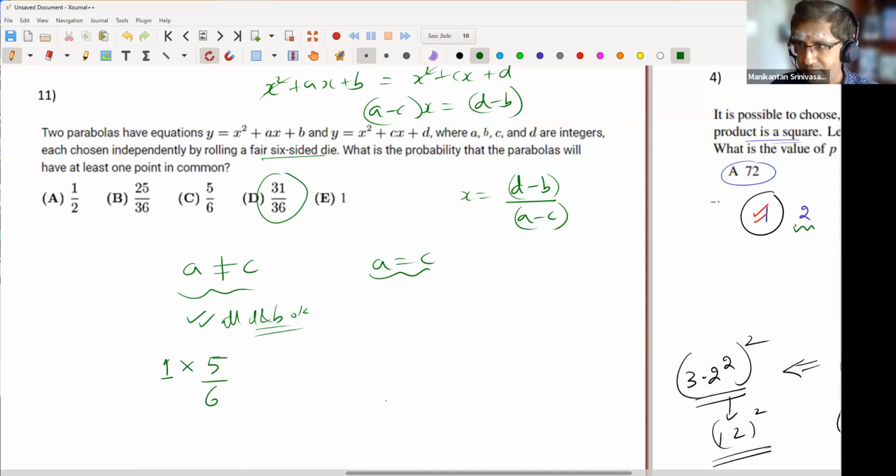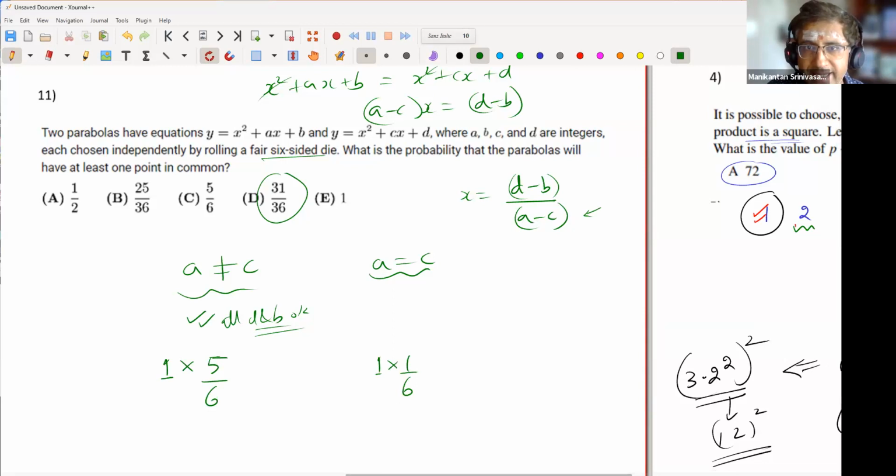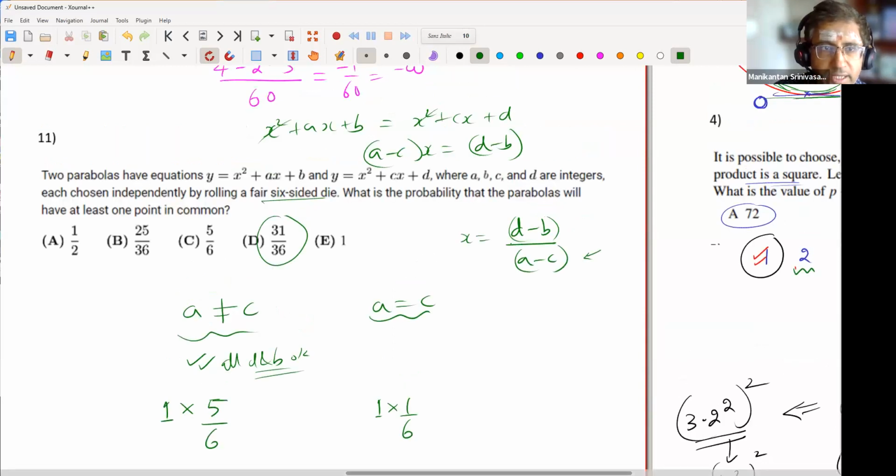Okay, and if a equals c, what is the probability for this to happen? It's 1/6, because c has to be that particular value that a is. In which case the denominator is 0, a is the same as c, which means what? Just for example, 2x plus b equal to 2x plus d, right? So which is why I get the 0 in the denominator. For this to happen, my b and d must match.